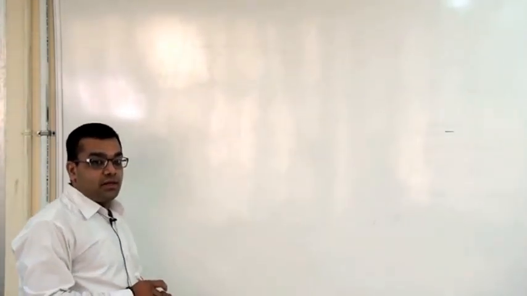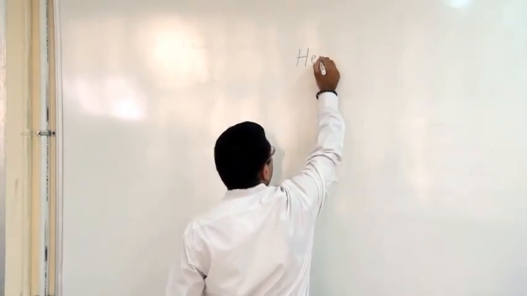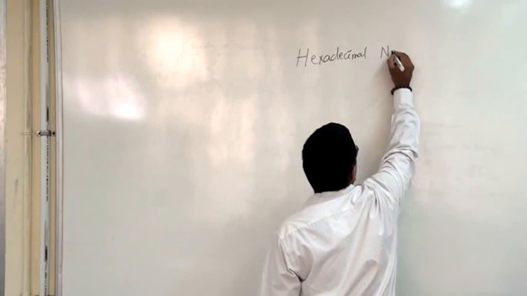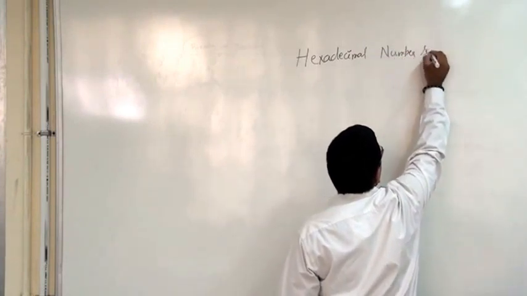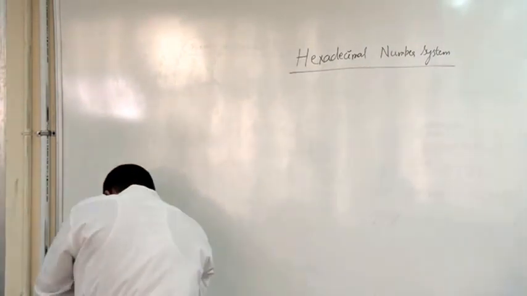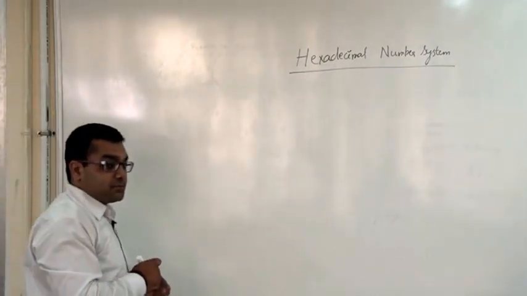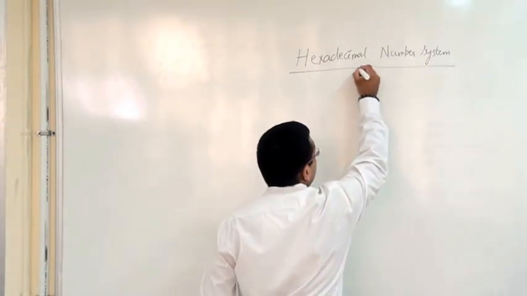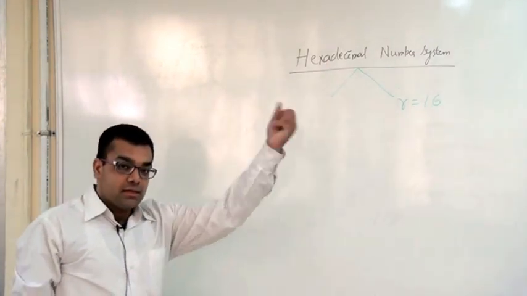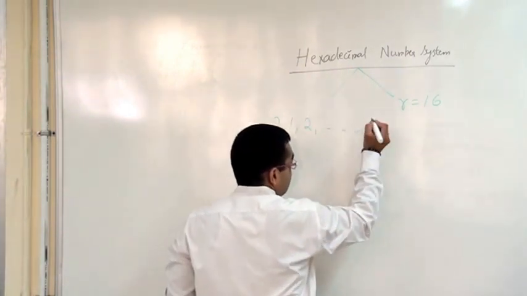we talk about the hexadecimal number system. In the case of a hexadecimal number system, we have the base as 16 and symbols from 0, 1, 2. Now this is another interesting fact.